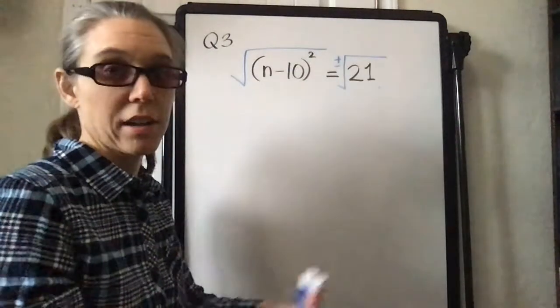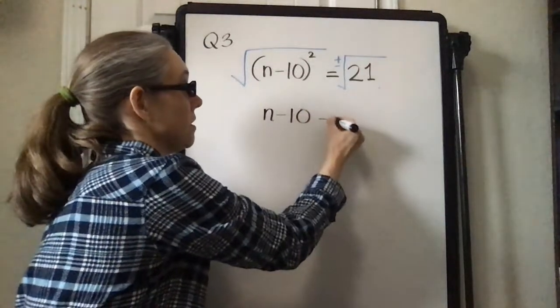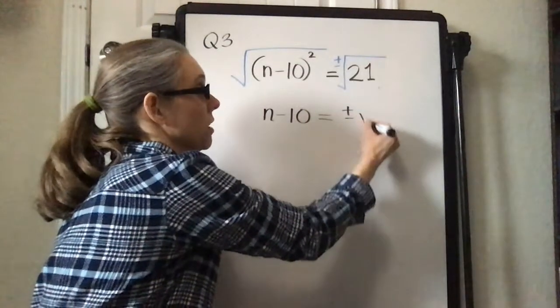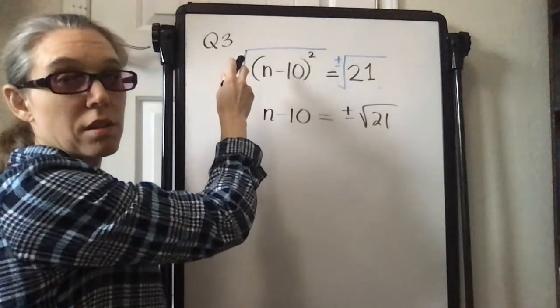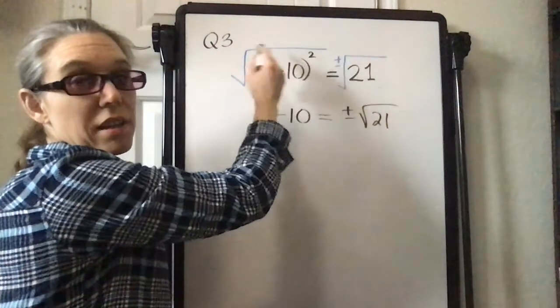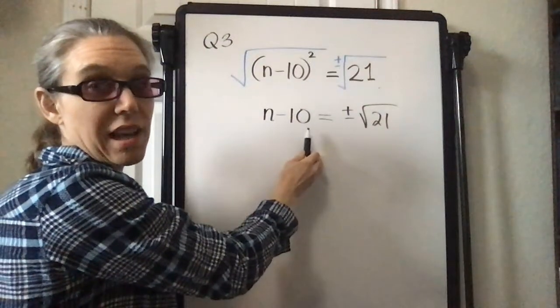Then the next line would be n minus 10 is equal to plus or minus the square root of 21. Remember that the square root cancels the square because they're inverse functions, leaving us simply with n minus 10.